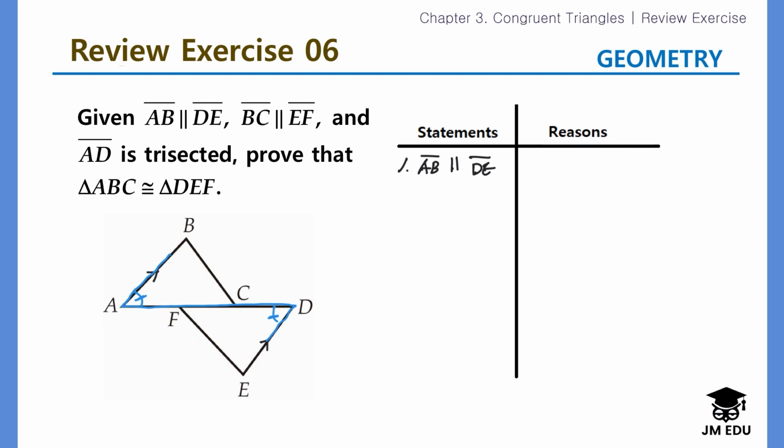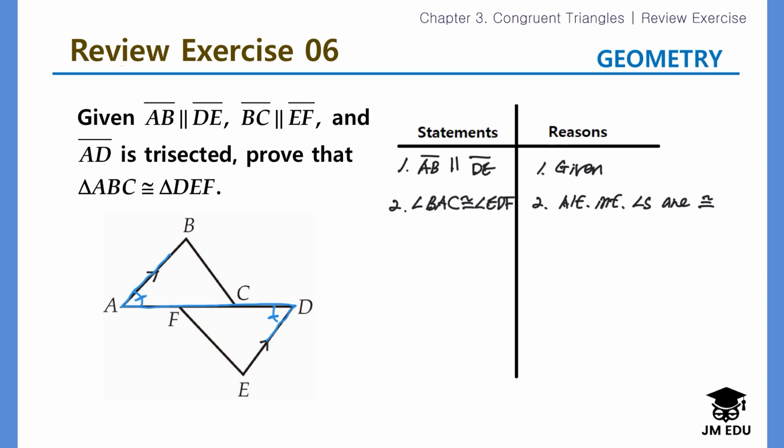So the reason for number one is given. Number two, from this given, we know that angle BAC is congruent to angle EDF. This angle right here and this angle right here. The reason is alternate interior angles are congruent, right?